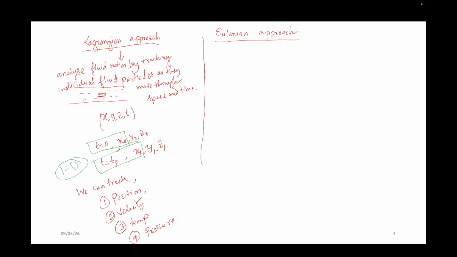In this 1D position, initially it is at x naught, and after time t1 it is at x1. To find the velocity, we know it is dx/dt, the change in distance over the change in time. The change in distance is x1 minus x naught, and the time is t1 minus t naught.